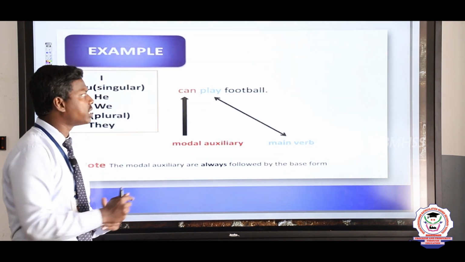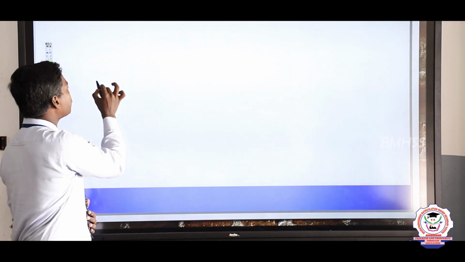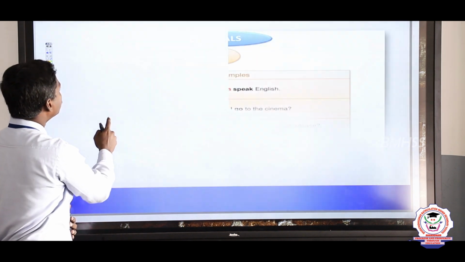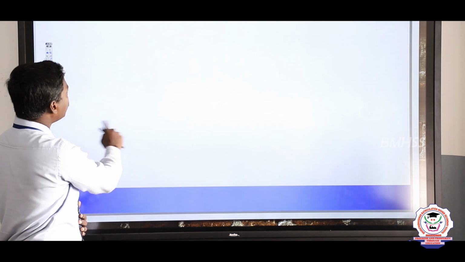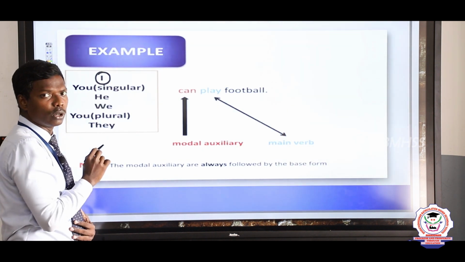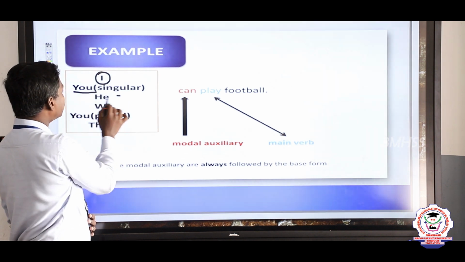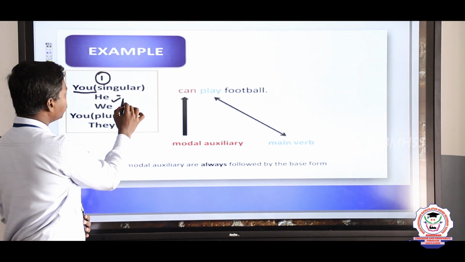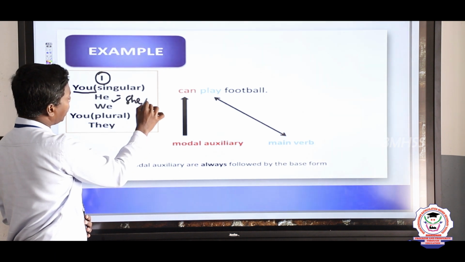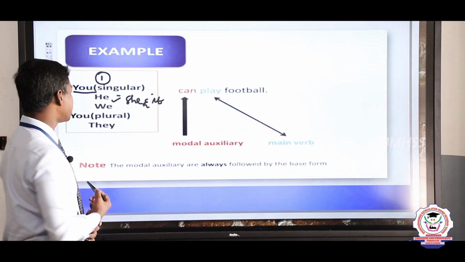For example, when you say I can play football, the first person pronoun, we will also get I is first person singular, you second person singular and plural, third person he, she and it. So all these come under third person singular.